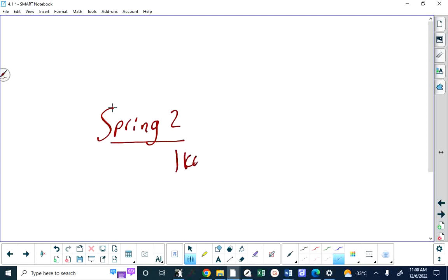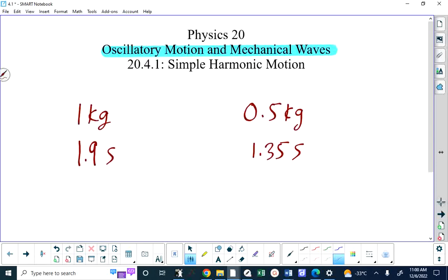One kilogram, 1.15 seconds when I divide by 10. Let's do some science. What do you think the period is going to be if I use half of a kilogram? Well, look at what happened here. This was divided by the square root of 2.